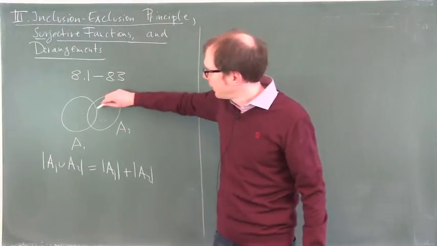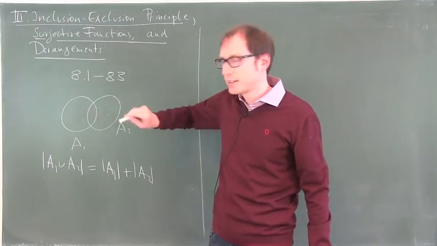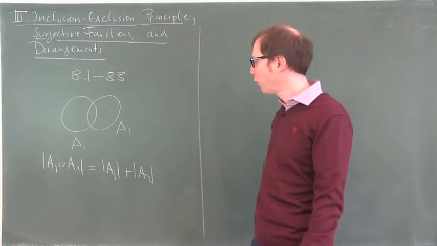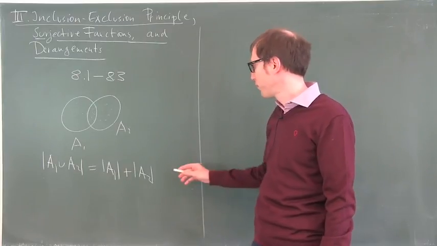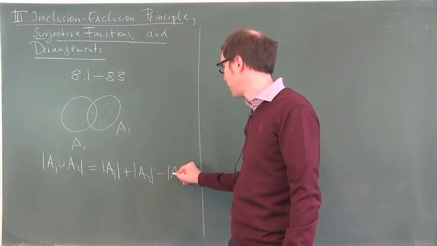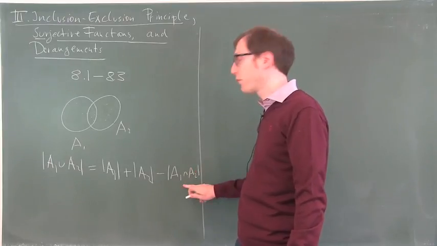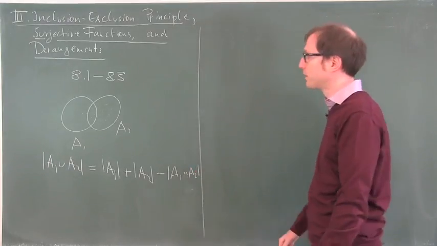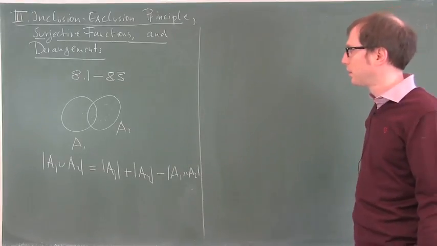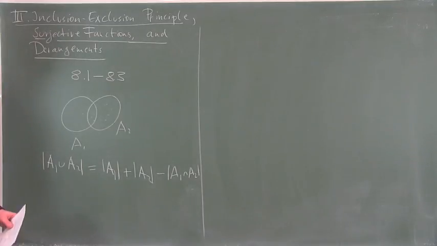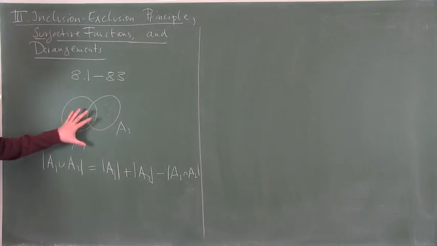If there are elements in the intersection, we counted these elements twice. So this is overcounting. We make up for this by subtracting the number of these elements. And then this is correct.